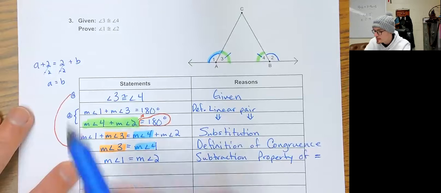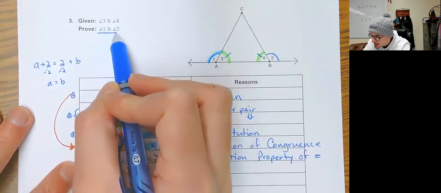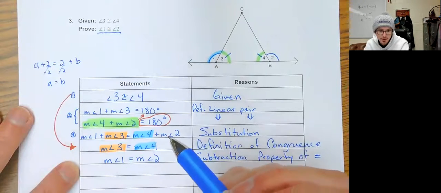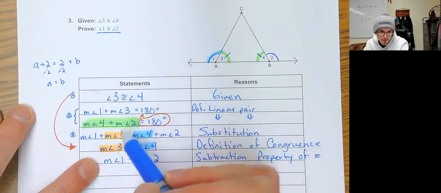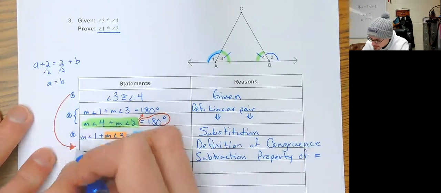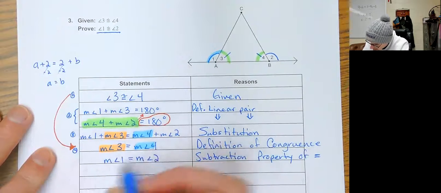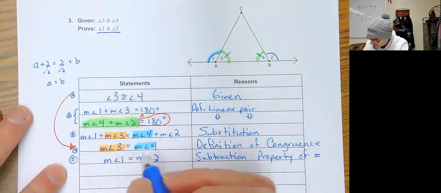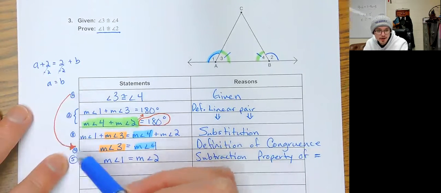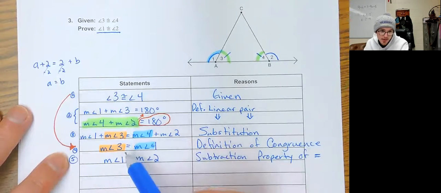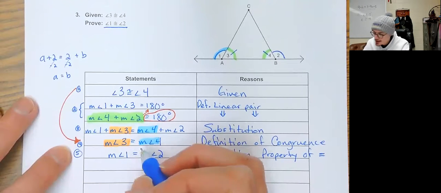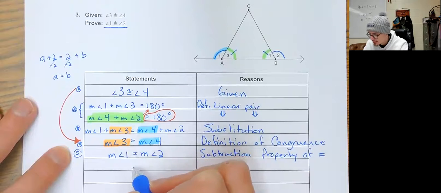Okay, we are super close to what we're trying to prove. We're trying to prove that angle 1 is congruent to angle 2. Technically, it would be step 4, and this would be step 5. To go from step 1 to step 4, I use the definition of congruence to change the congruent to an equal. Can I change the equal to a congruent?